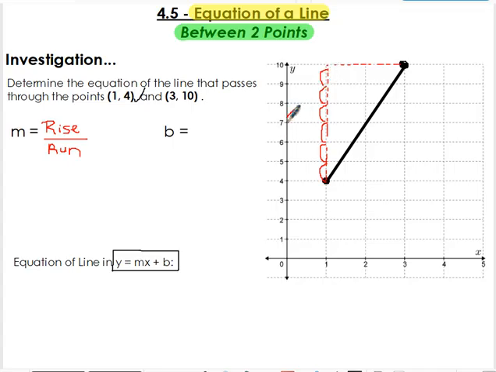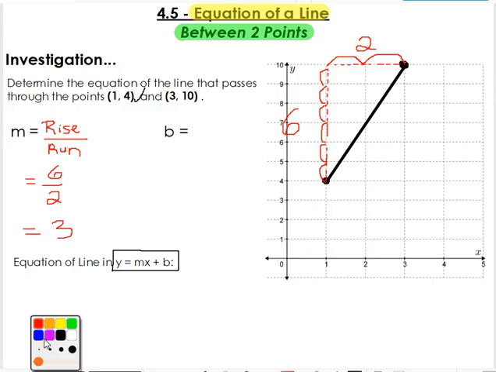So we've gone 6 up. Now going across for the run, it's just 1, 2. So our rise is 6 and our run is 2. And if you put 6 divided by 2 in your calculator, it's going to give you 3. So the slope of this line must be 3.